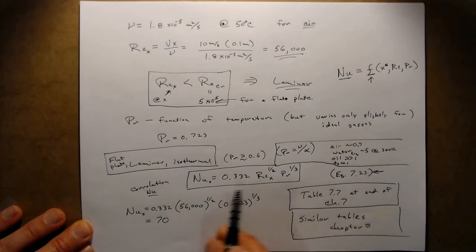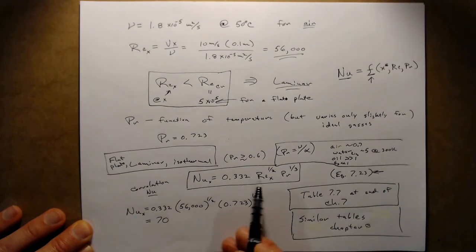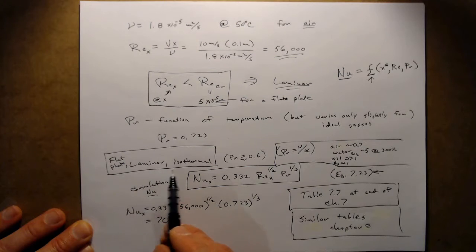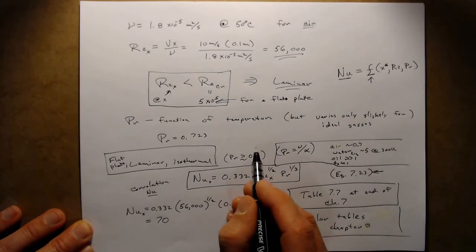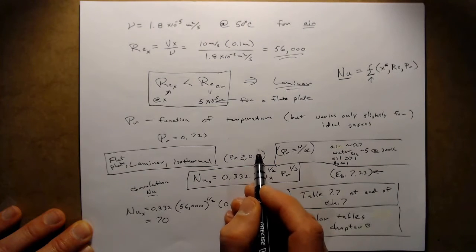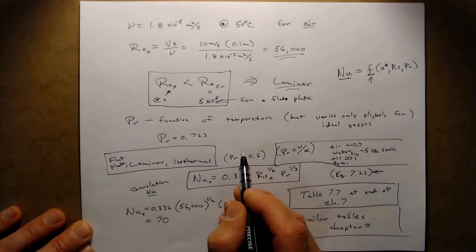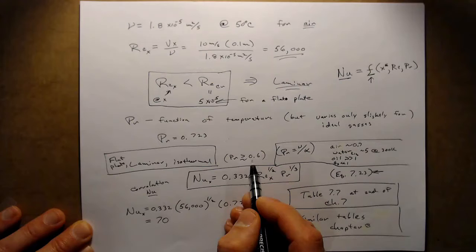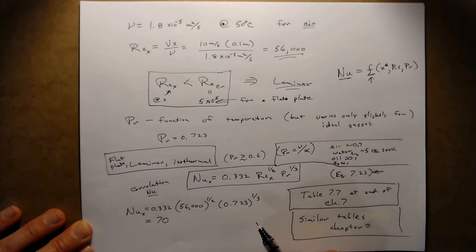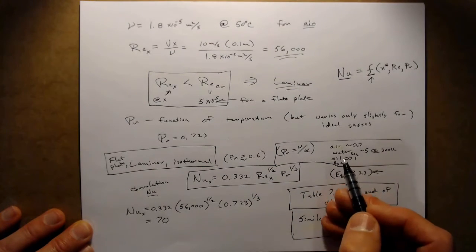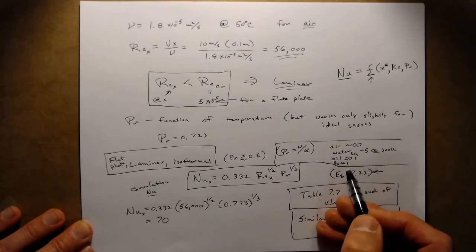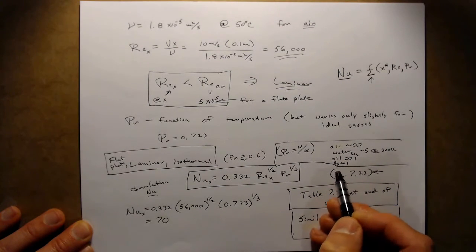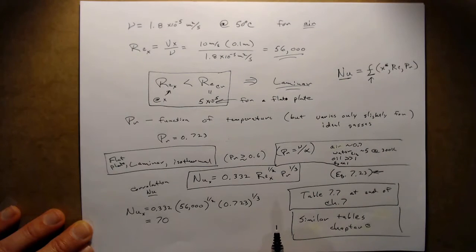So this is valid for a flat plate in laminar flow and isothermal heating, but it's also limited to Prandtl numbers larger than about 0.6. So for air it's okay, for water it's good, for oil it's good. It would not be a good solution for liquid metals.